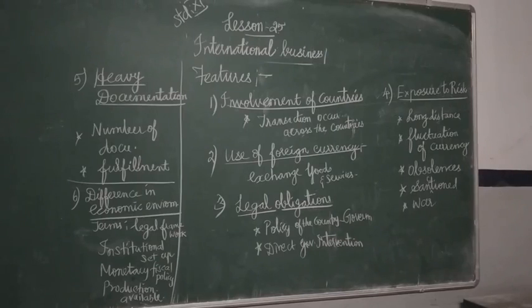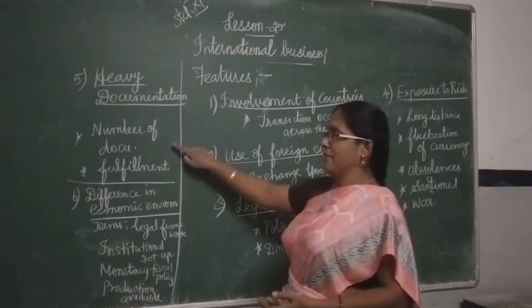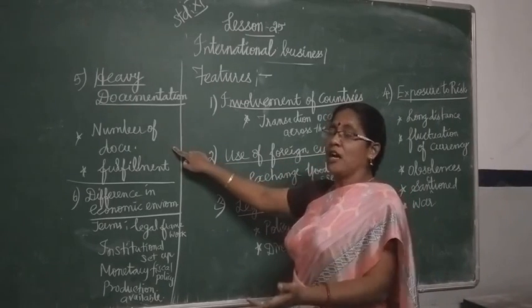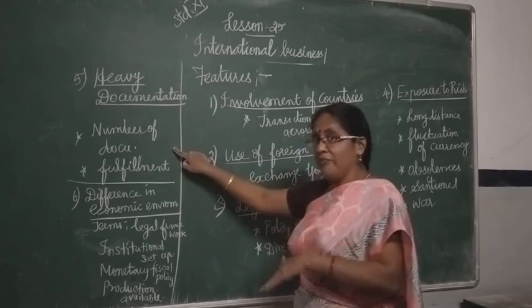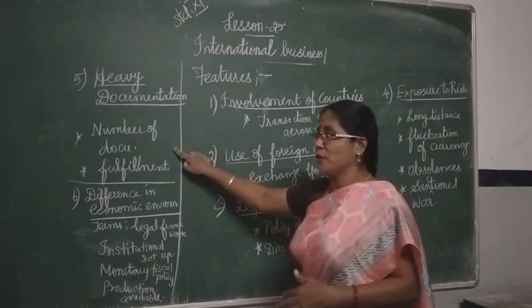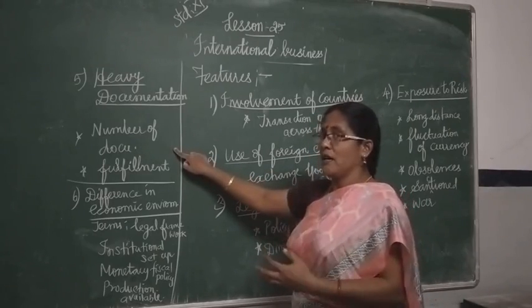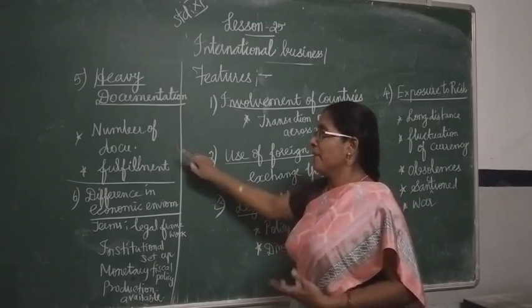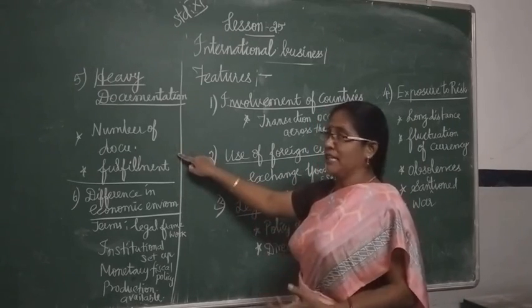Parties to international business have to execute a number of documents in conducting the international business. Both the parties are from different countries, they have to fulfill their own country's norms and we have to fulfill the other country's norms also. So many documents, we have to fulfill the documents. Then only we can do the international business.